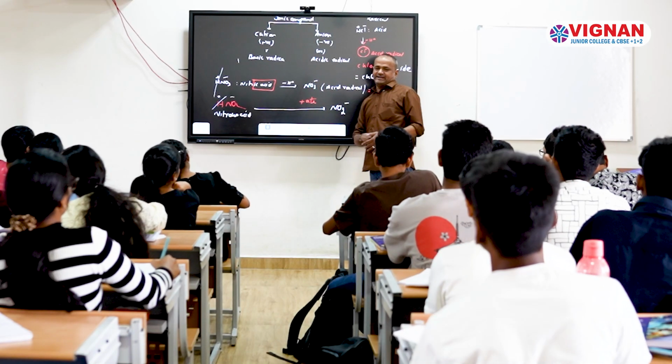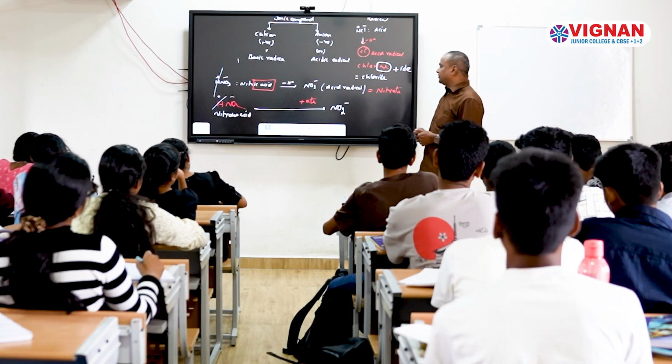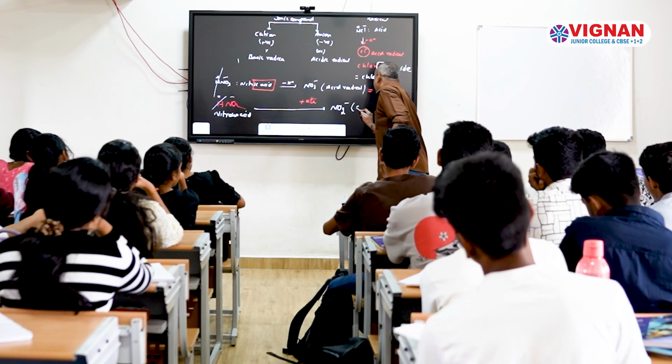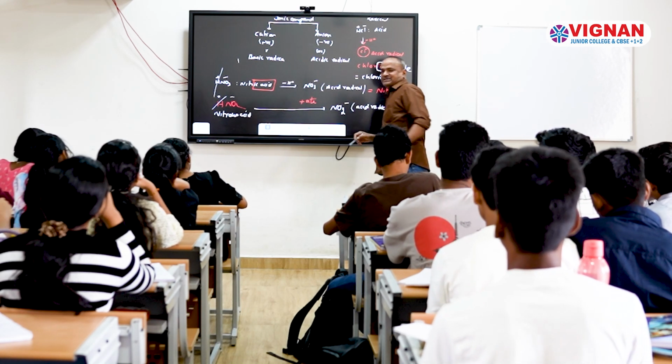What is the name for NO2 minus? The category is acid radical, because an anion is called acid radical.